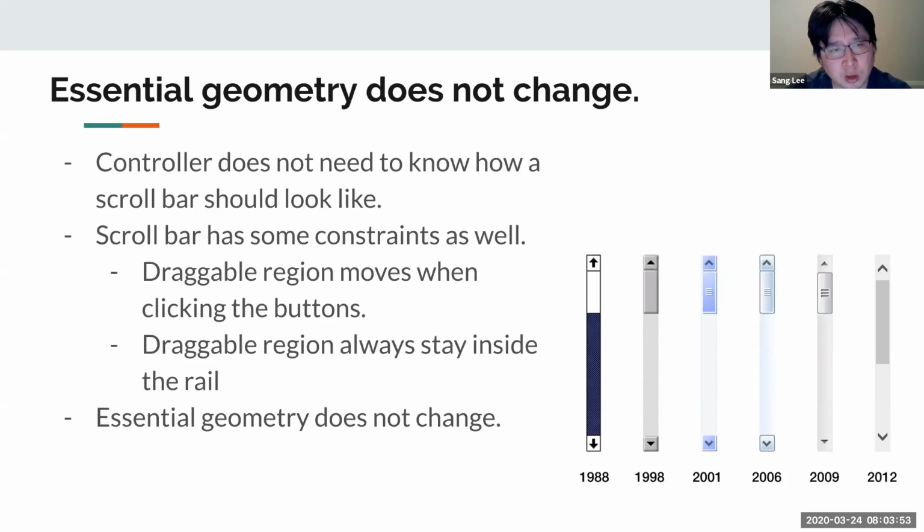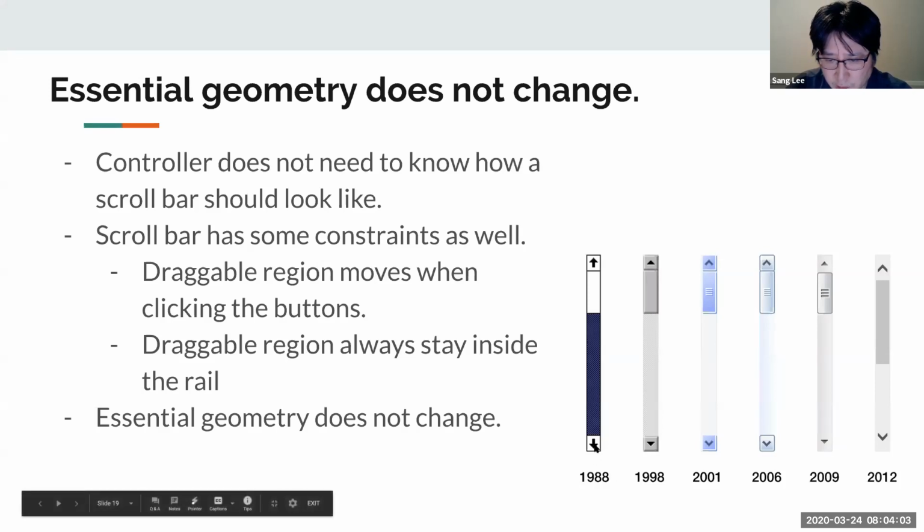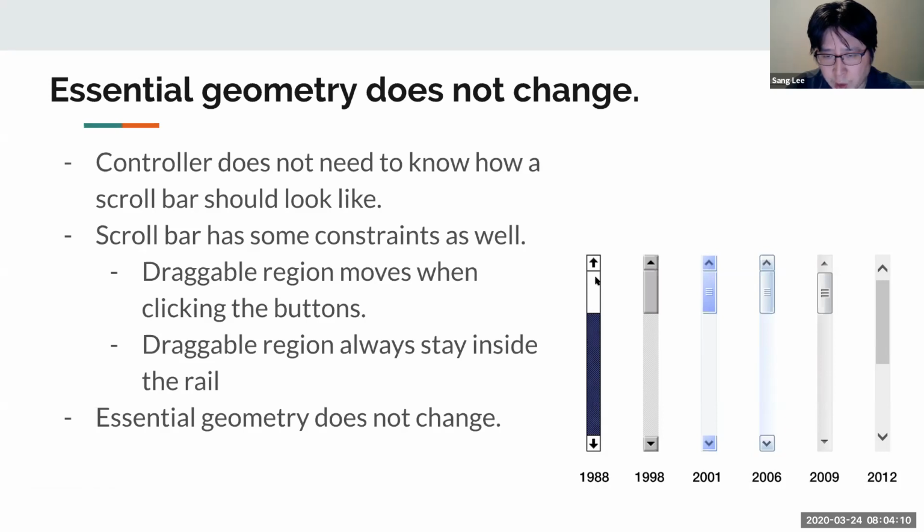What's nice about essential geometry is that the controller does not need to know how a scroll bar should look. Whenever I click this button, it's going to move the viewport, and it's going to move this draggable part a little bit lower than it is now.